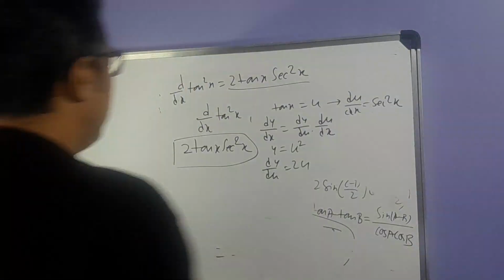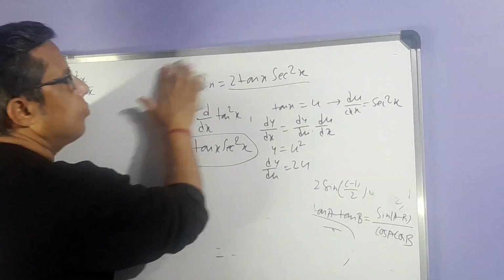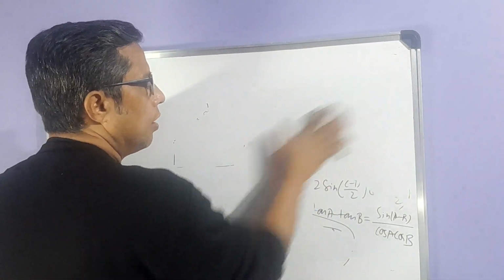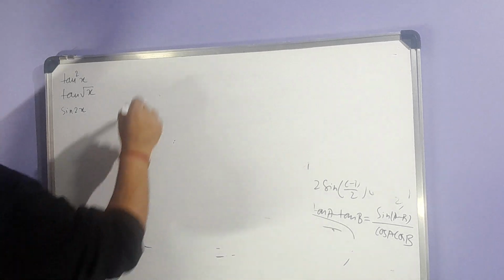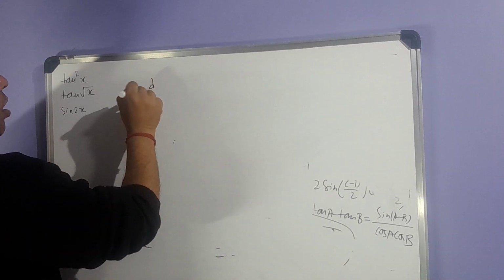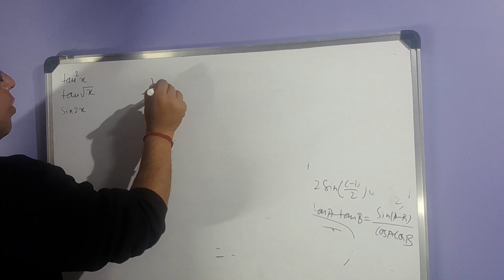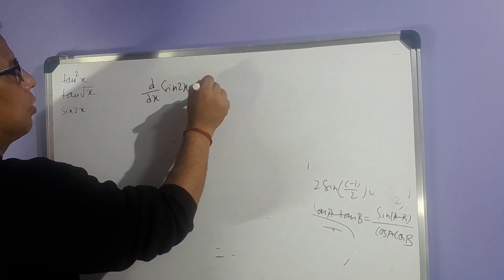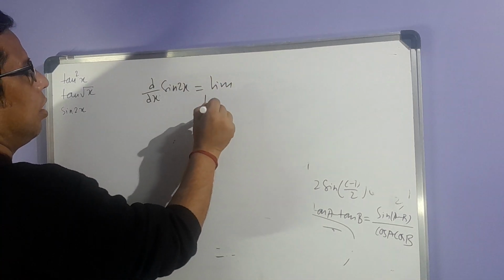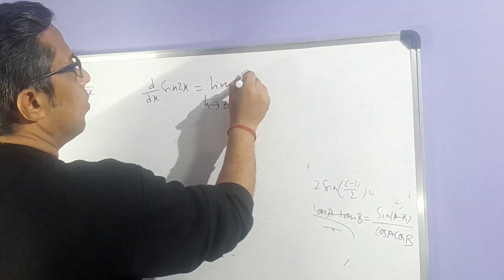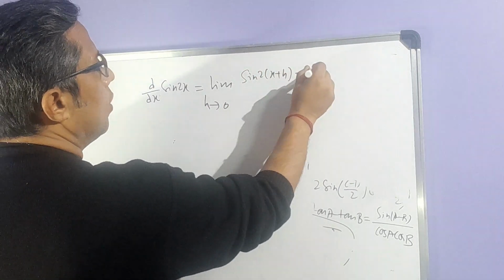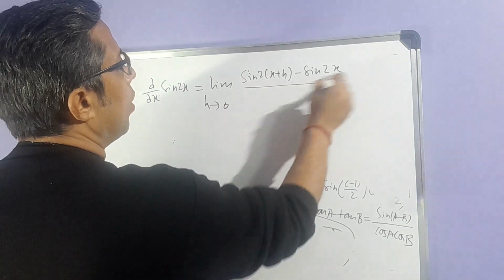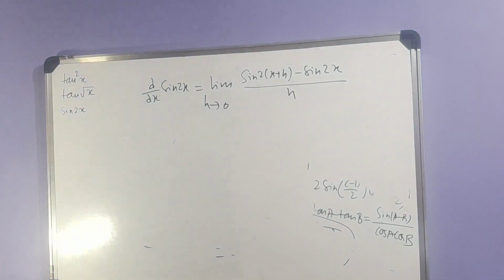Right. Now the next one, sine 2x. d dx of sine 2x using first principle will be limit h tends to 0, sine of 2 into x plus h minus sine 2x by h.